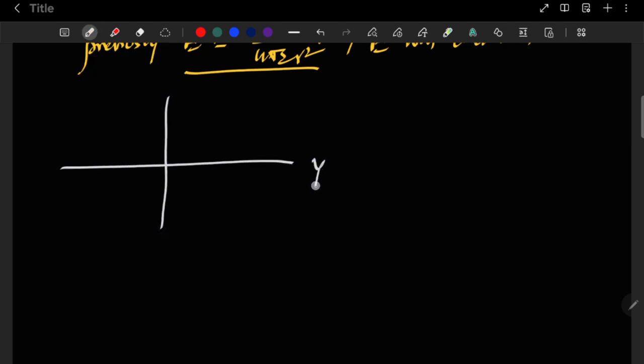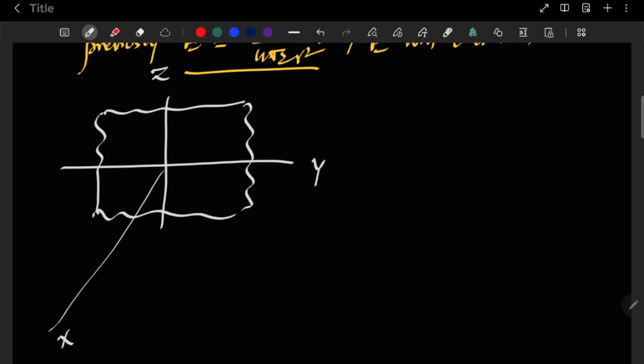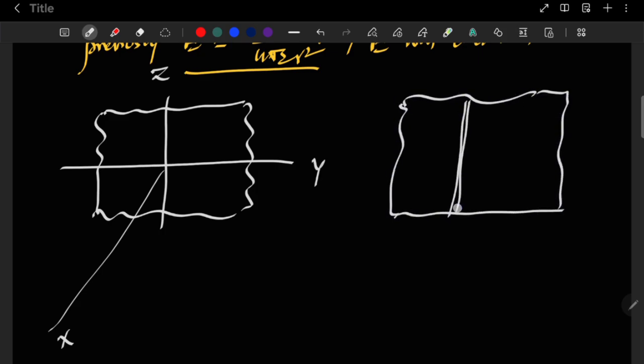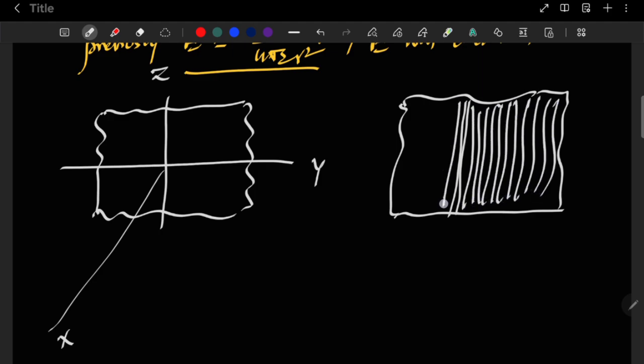So we'll take this YZ plane, any plane you can take. This is the x-axis coming out of this plane, and the infinite sheet I'm taking like this. This infinite sheet we will take as vertical strips. If you take this particular strip, to get the entire sheet, what do we need to do?